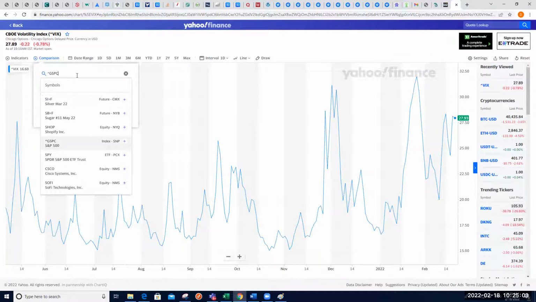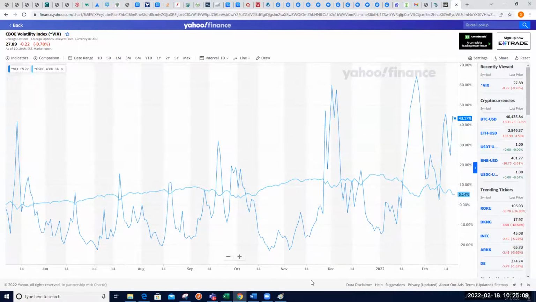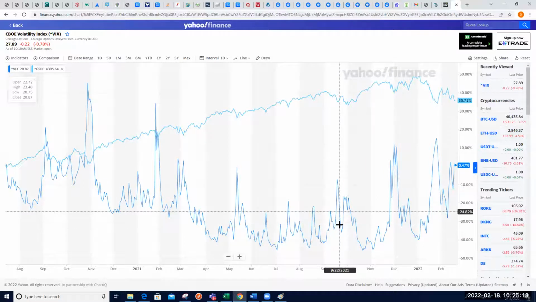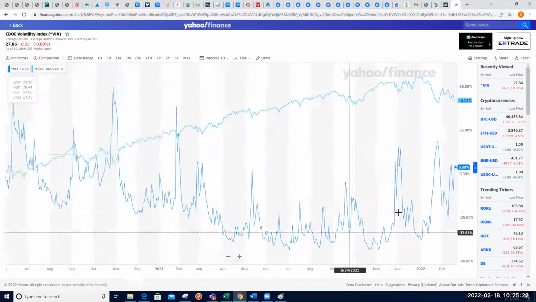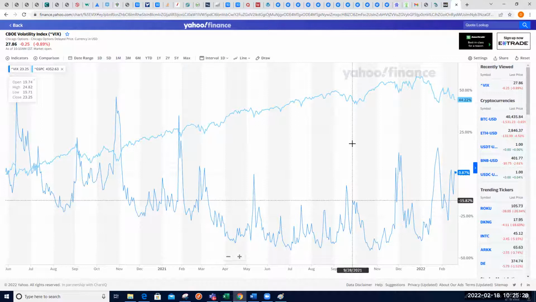I think SPX might work. Oh yeah, nice. I think if you draw it to kind of like YTD or 6 months, it might show a little bit better.